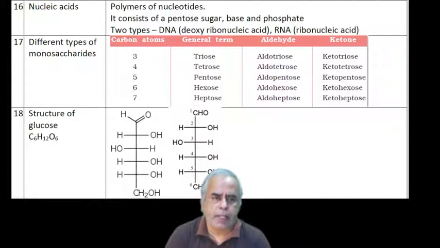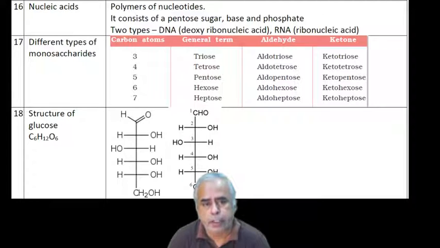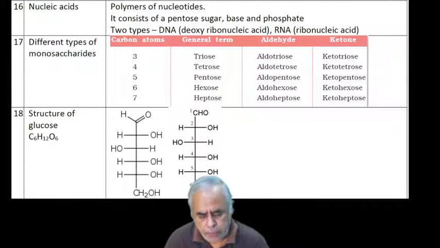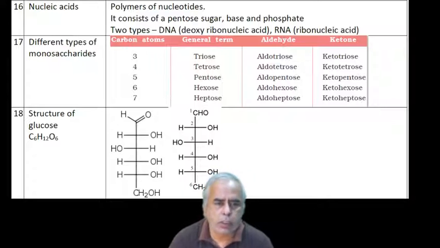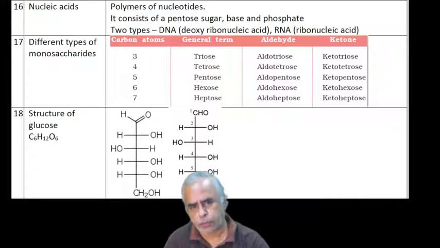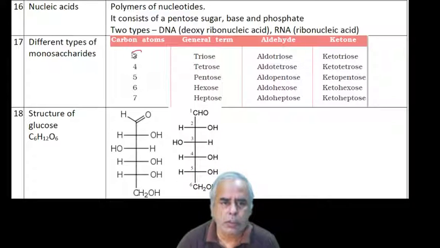So the different types of monosaccharides. Now let us start with the carbohydrate, and we will explain in detail one by one. Let us take up the sugar, that is carbohydrate first. So what are the different types of carbohydrate? As I already mentioned, they are called saccharides. So let me talk about the monosaccharide first of all. If it has 3 carbon atoms, then you can call it triose.